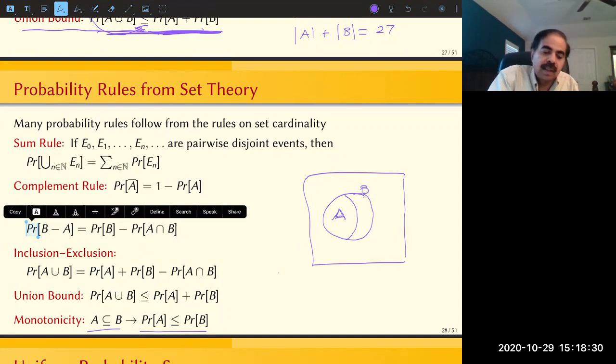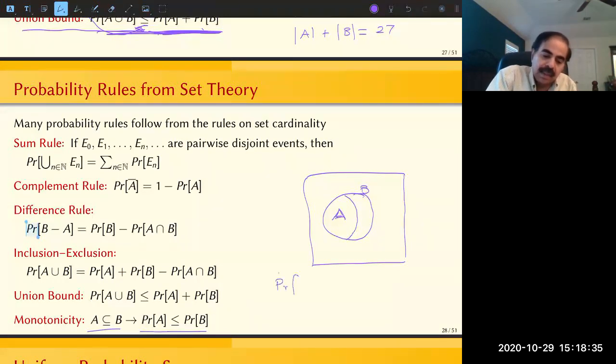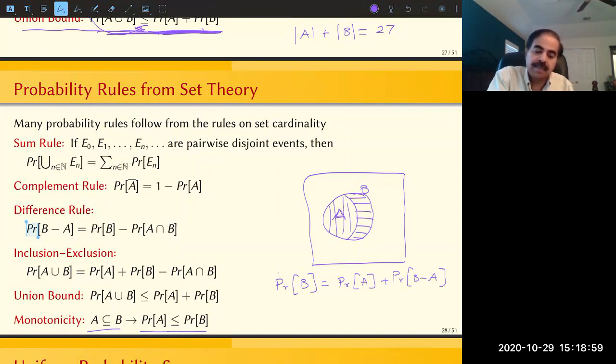So now, the probability of B in this case is very clearly, we can just add up these two probabilities to get the probability of B. So this is going to be probability of A plus probability of B minus A, right?